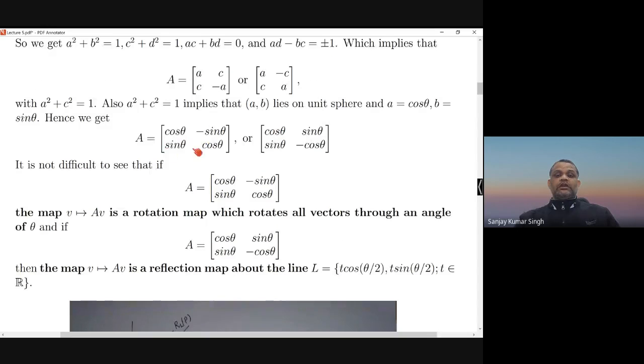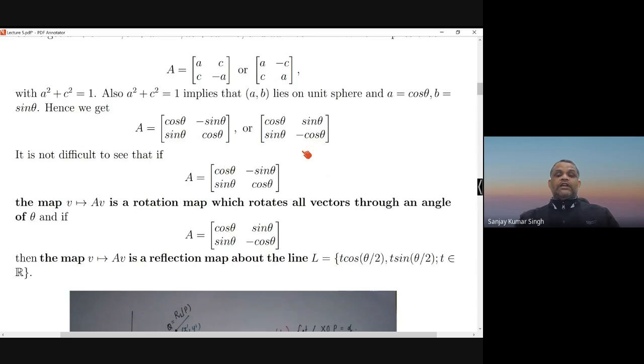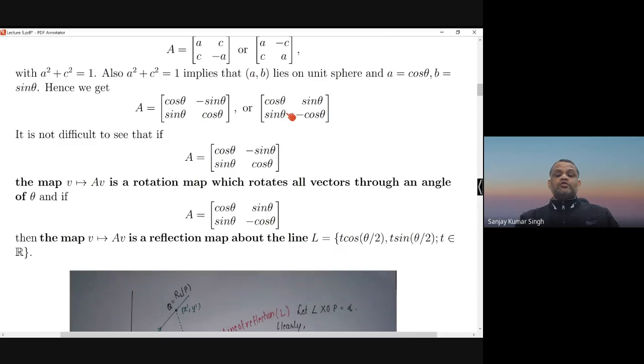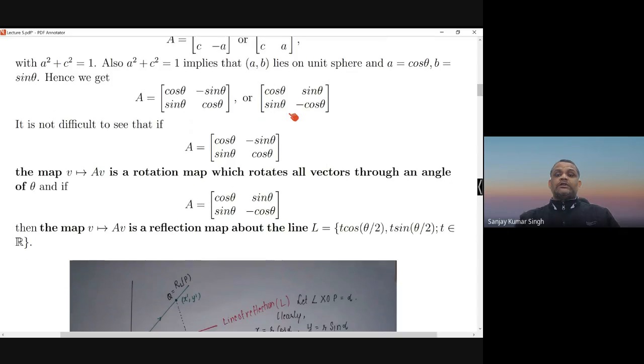So here you can put this value and you will get A of this form. So any orthogonal matrix is of this form, and depending on the two forms, we get different isometries. Now look at what those are.